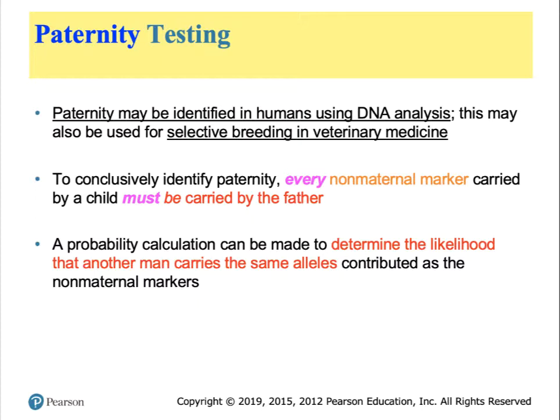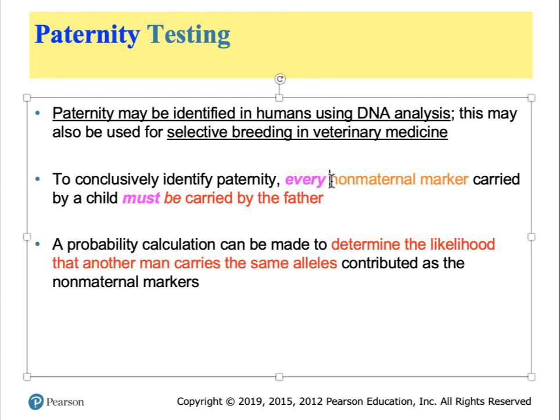The important factor is that once you know the mother's or one parent's genotype, and you know the genotype of the offspring, the baby, then anything that's left over inside the baby that doesn't belong to the mother, we call that the non-maternal markers. Therefore, every single non-maternal marker must be carried by the father in order to have passed it on to the child. And we'll see that in the examples that come.